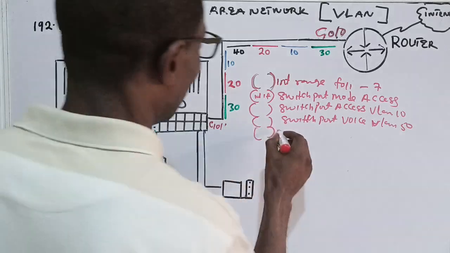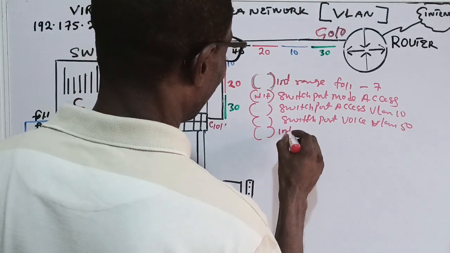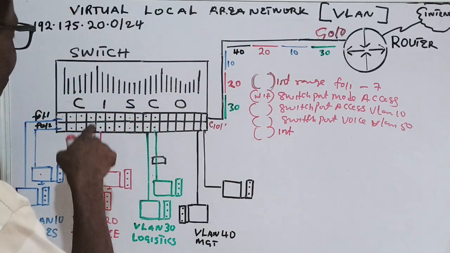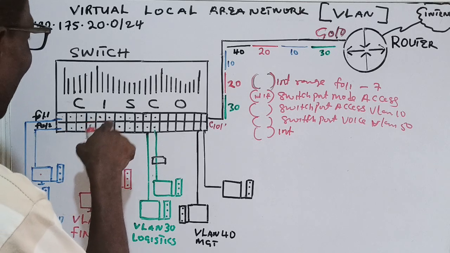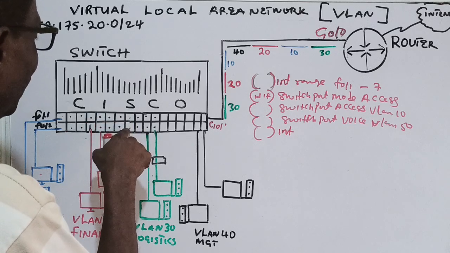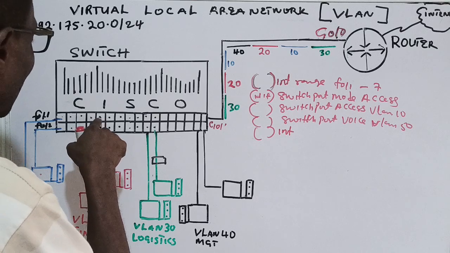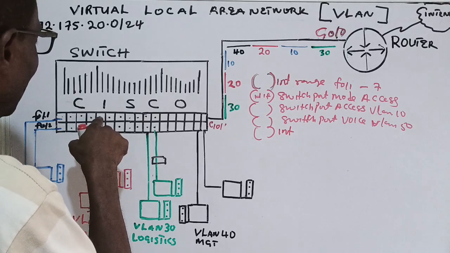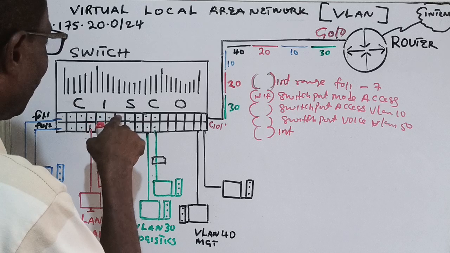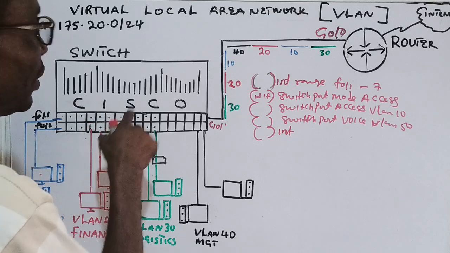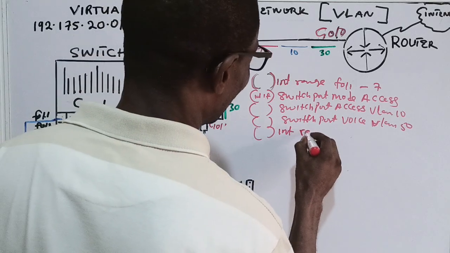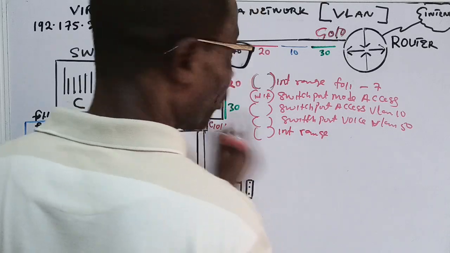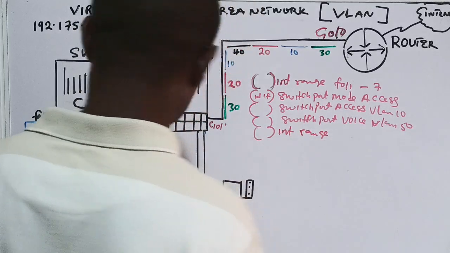Put interface range from 8 now. Remember, from 8, 9, 10, 11, 12, 13, 14, 15, 16. These are switch ports where these computers are connected.